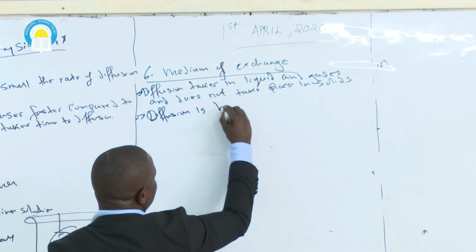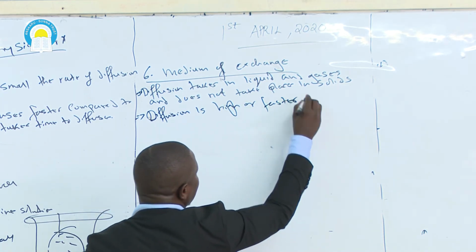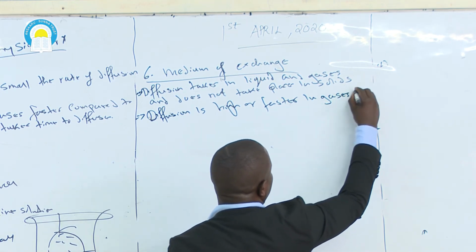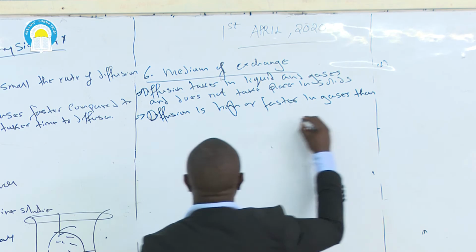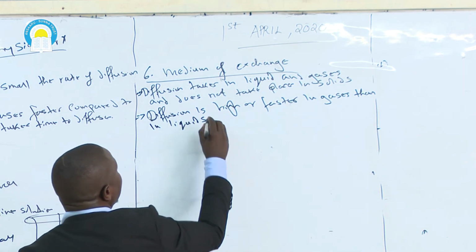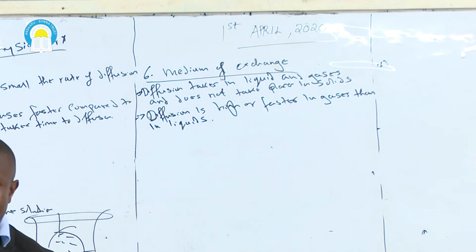So you say diffusion is high or faster in gases than in liquids. So in gases, the rate of diffusion is higher than the rate of diffusion in what? In liquids.